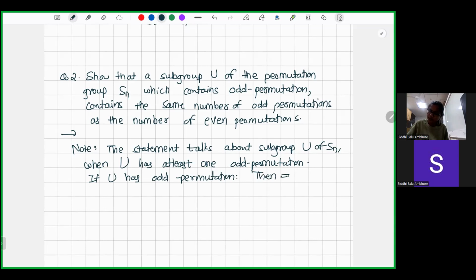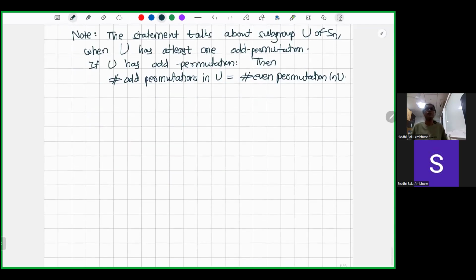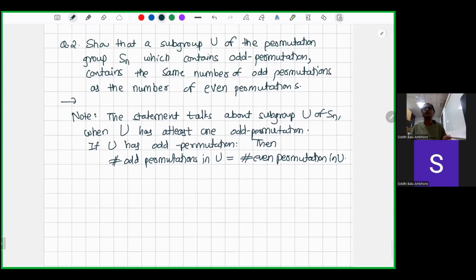This is what the statement means, because we have the alternating group, the group of all even permutations in Sn, which does not have any odd permutation. So this statement is about subgroups which have odd permutations, and we do not care about subgroups which do not.